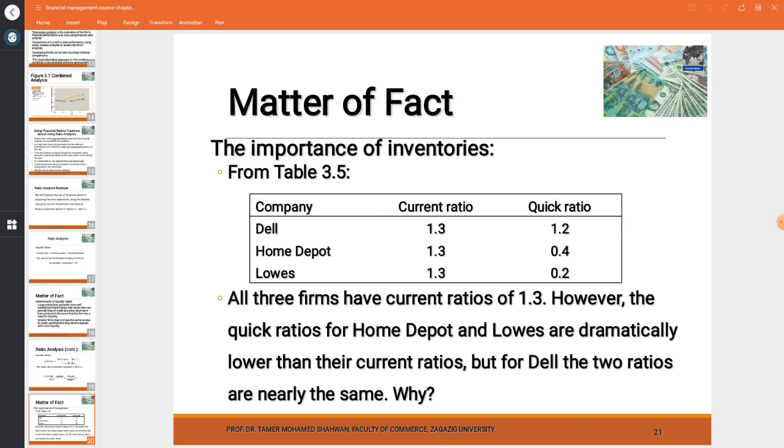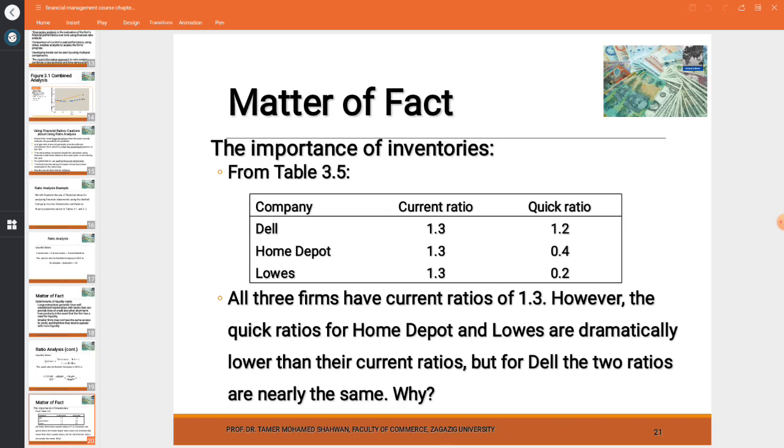But actually, this is not true, because when we calculate the quick ratio and exclude the inventory from the current assets for each firm, you will find that the quick ratio of Dell Corporation is 1.2, it is heavily dropped in Home Depot to 0.4, and it is less at Lowe's, at 0.2. But as you see, all three firms have a current ratio of 1.3.